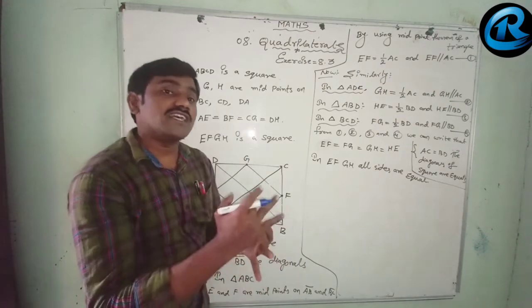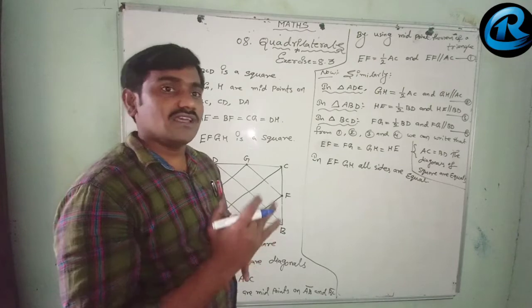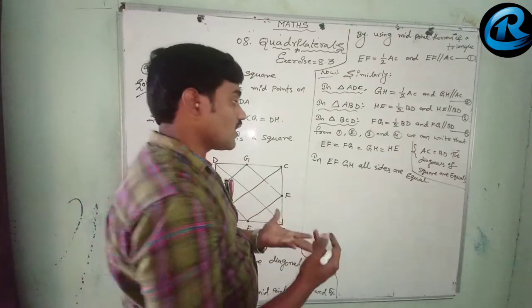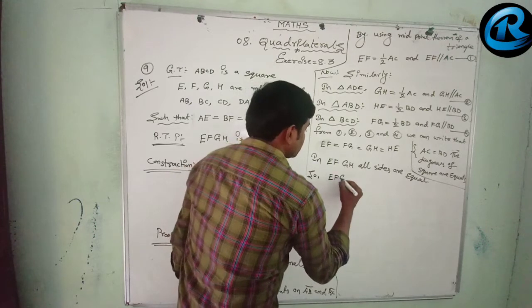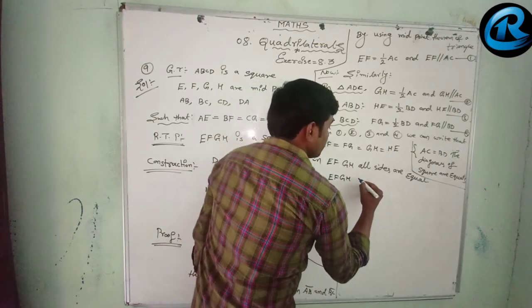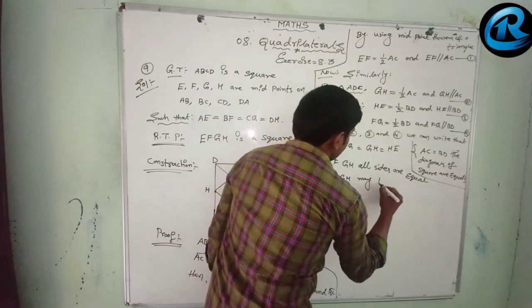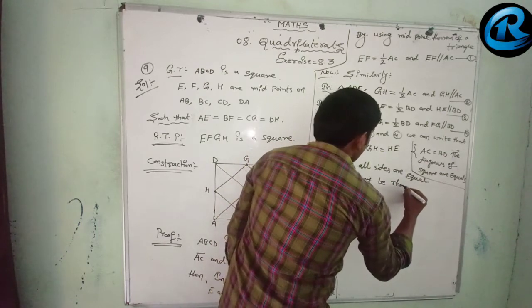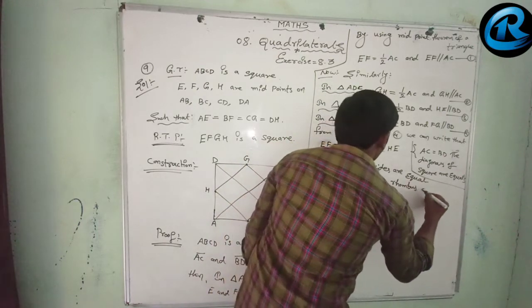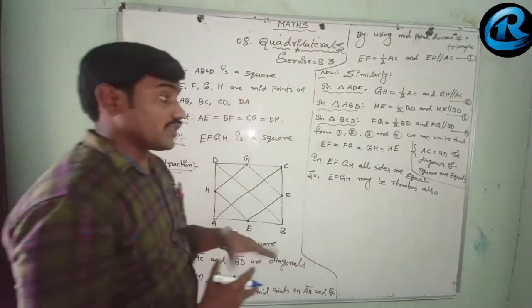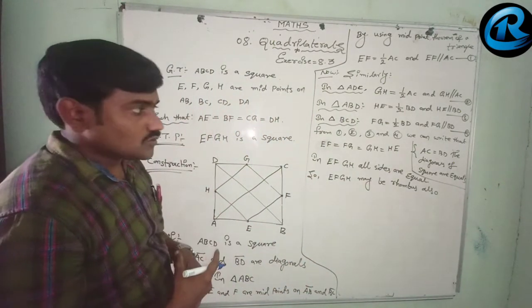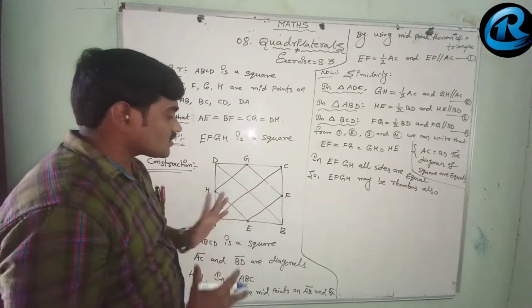No, there may be a chance of rhombus also. Is it a square if all sides are equal? No, it may be a rhombus also. EFGH may be a rhombus also. But we have to prove that EFGH is a square, no?